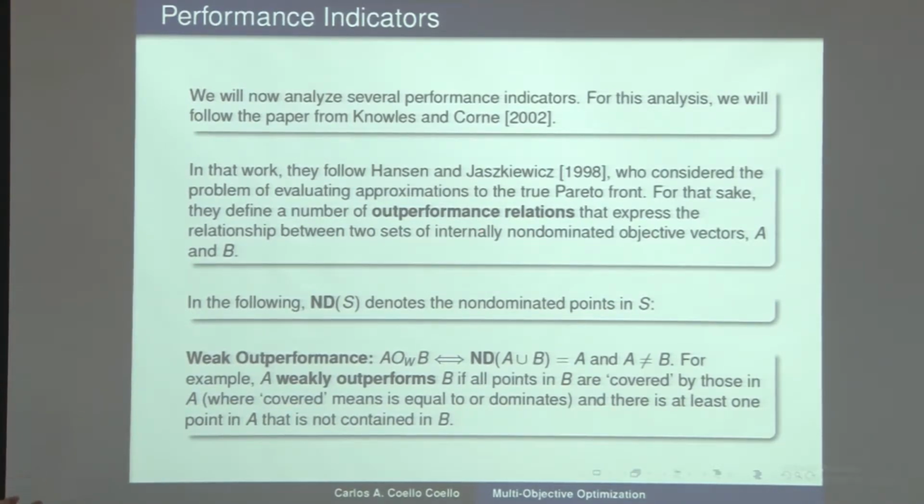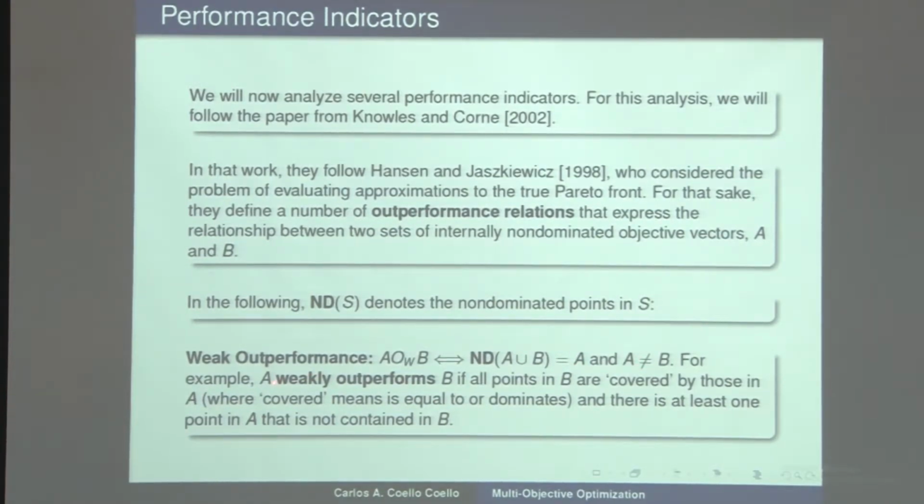We're going to be using A and B for the two, as in the previous slide. For example, ND(S) denotes the non-dominated points in S. So, weak outperformance implies that the non-dominated set of the union of A and B is equal to A, and A is different from B.